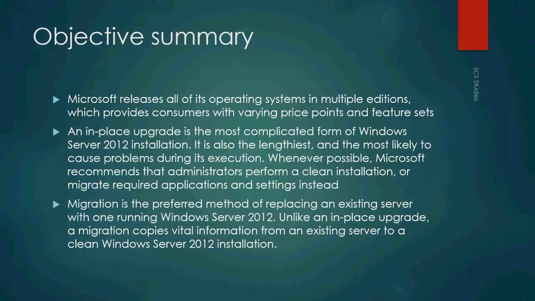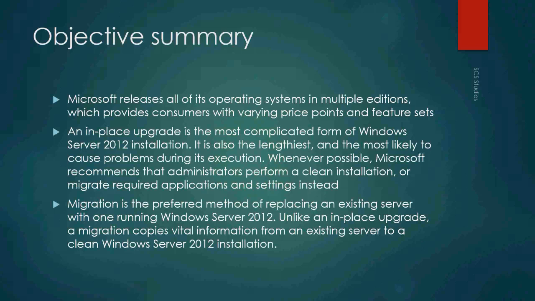So we discuss migration. Migration is the preferred method of replacing an existing server with one running Windows Server 2012. Unlike an in-place upgrade, a migration copies information from an existing server to a clean Windows Server 2012 installation. So what I want to say is migration is the preferred method by all.